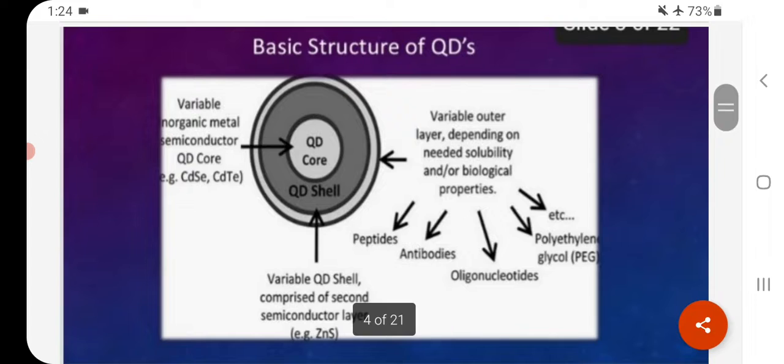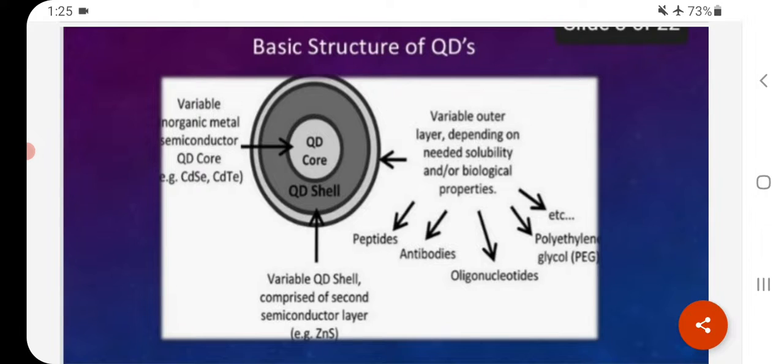Basic structure of quantum dots. In this diagram, a quantum dot is shown. In the middle is the quantum dot core, and the outer shell is called the quantum dot shell.